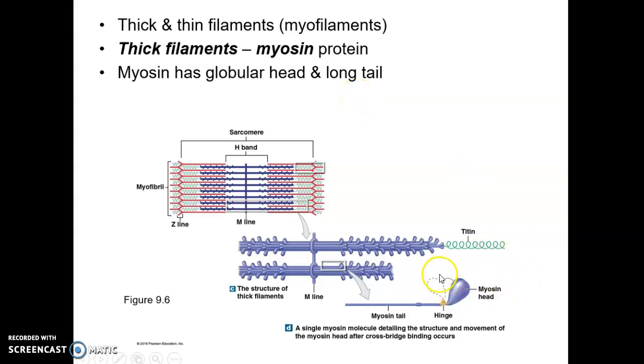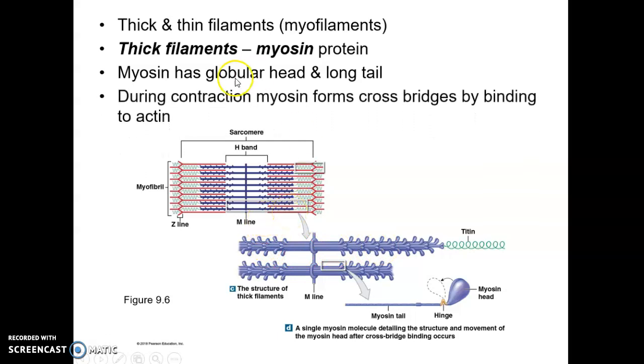So myosin has this globular head and a long tail, and they're all bound together, like so. So during contraction, the myosin forms what are called cross bridges by binding to actin. And that's possible once calcium binds to troponin. Tropomyosin opens, exposing the binding sites on actin for the myosin heads.